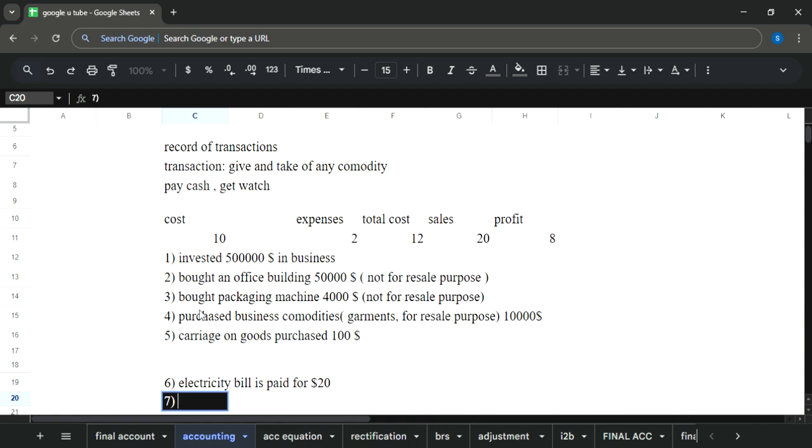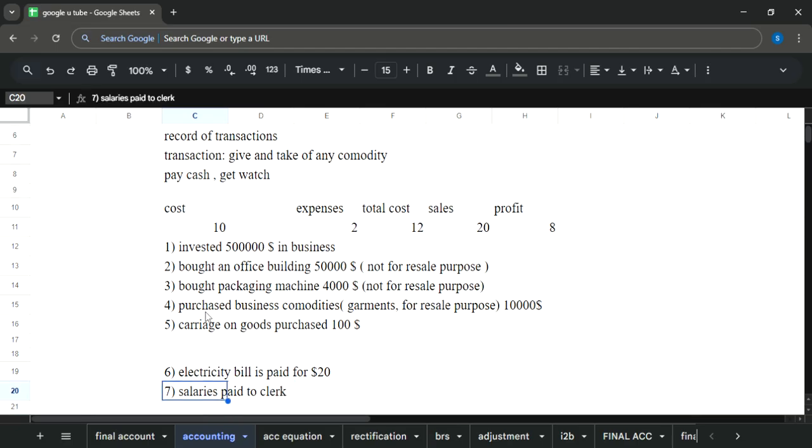It may be salary, it may be tax. We are actually wanting to create some expense schedule. And at this stage, let's say there was a guard or there was a clerk, there may be a computer operator, there may be a cashier, any employee you can assume, and we have paid salaries. So salaries paid to a clerk who is making these transactions.